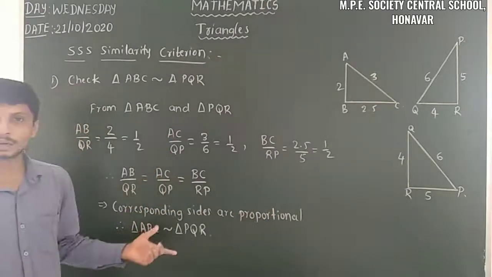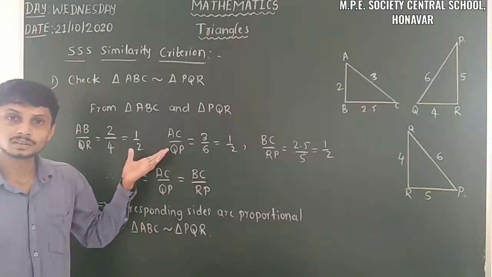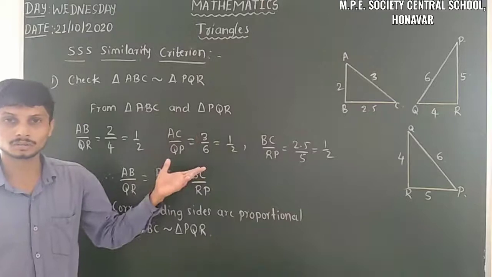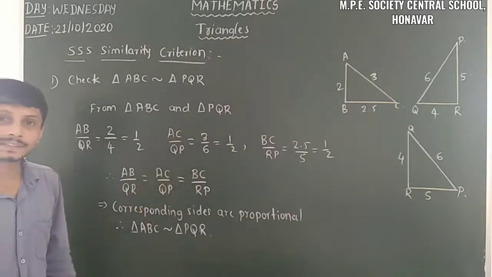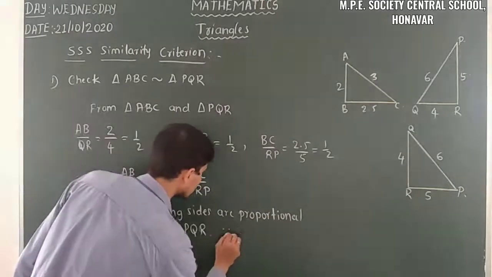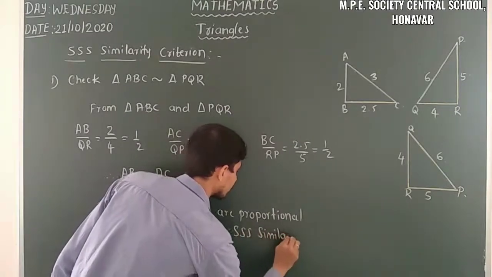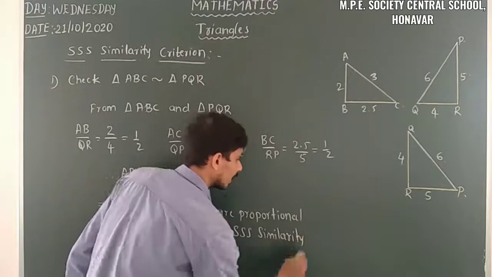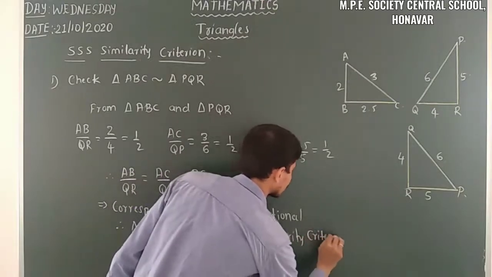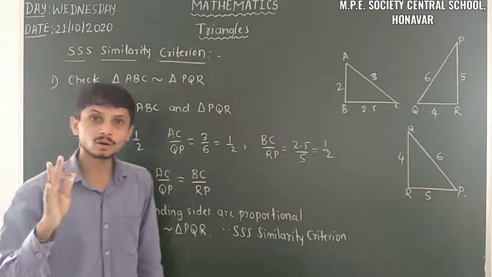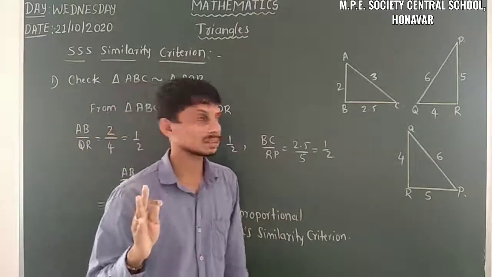Here we had to check whether those two triangles are similar or not with the help of the SSS similarity criterion. Firstly we have to be aware of how the diagram is constructed.